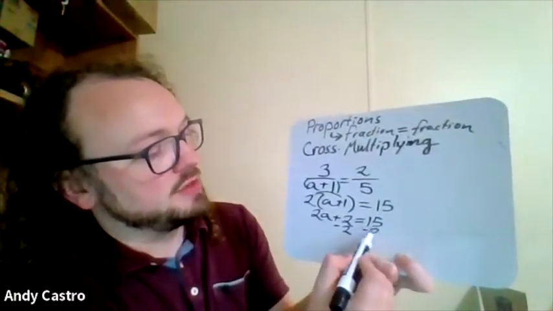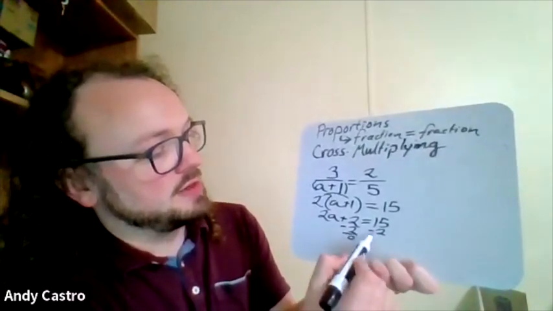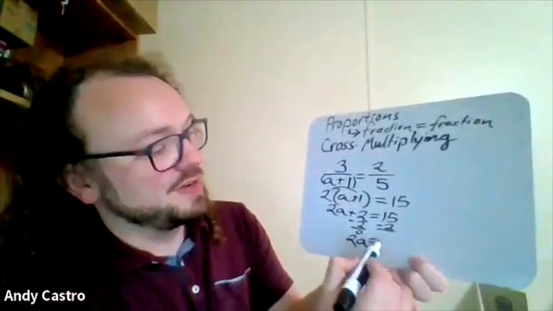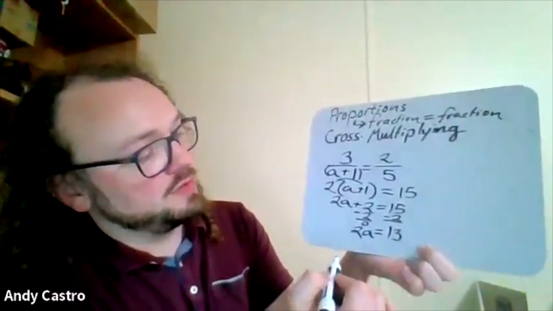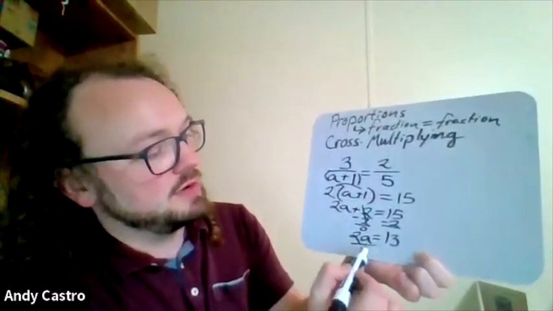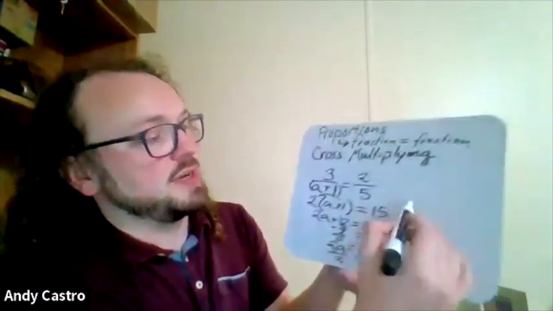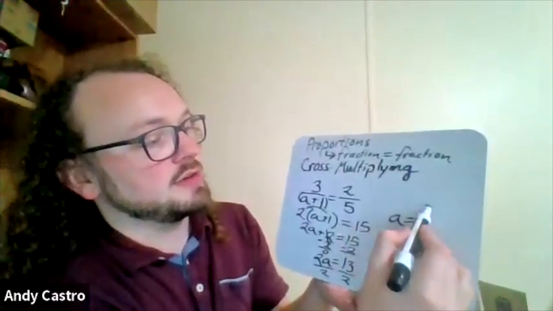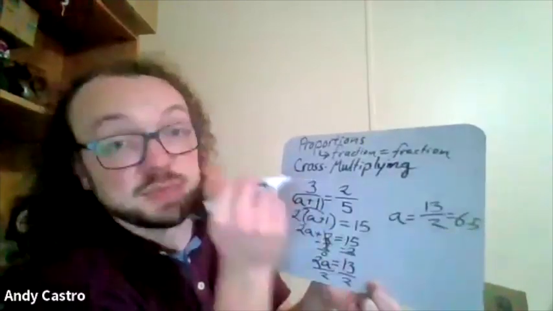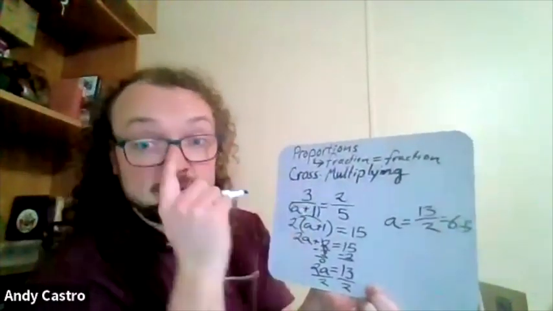Then I need to subtract 2. Right? And this, we're getting back into just solving a problem that we already know how to solve. The 2's are going to go away, so I have 2a equals 13. Divide both sides by 2. a is 13 halves, or 6.5. It's another way of writing that.